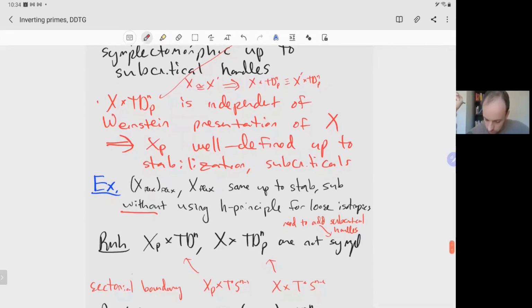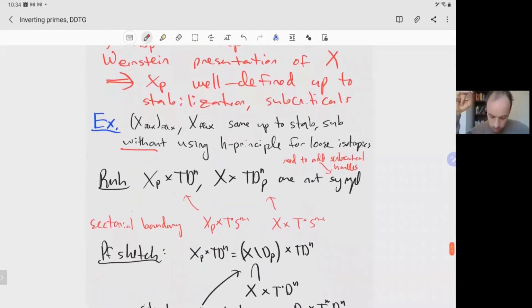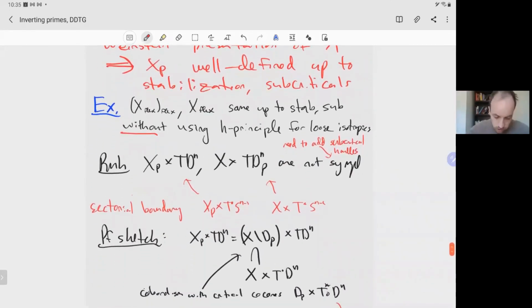But let's see, how are these the same up to subcritical handles? Let's just start with this X_P stabilized. Well, this is just X, where you move this Lagrangian disk D_P and you stabilize that.